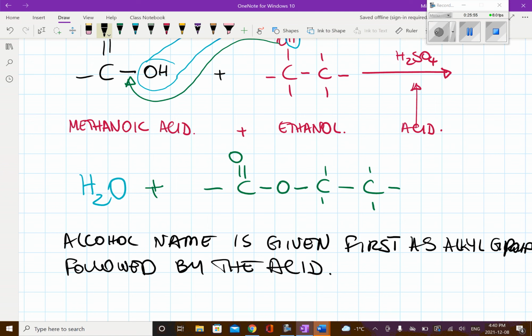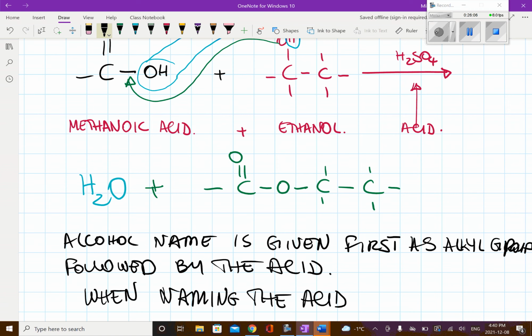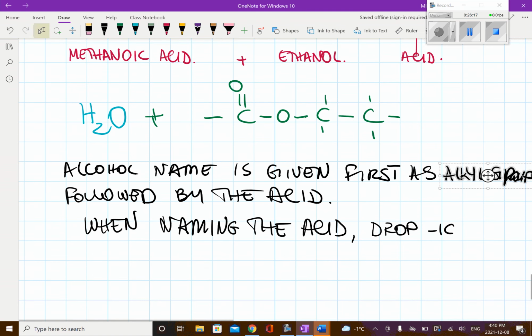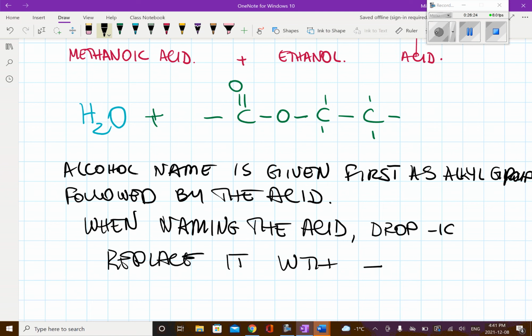When naming the acid, we drop the IC and replace it with ATE, not ATA.